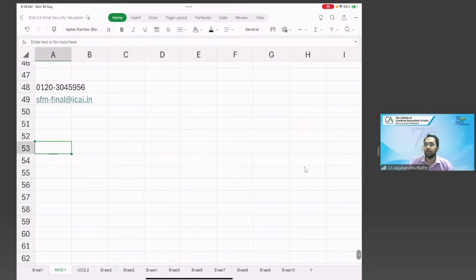Or otherwise, you can contact us at this number, or you can send me an email. Now, in today's session, Jagbandhu sir has covered equity valuation, and free cash flow to equity is very important, because nowadays more analysts are relying on free cash flow, which is basically the cash flow accrued to the shareholders.